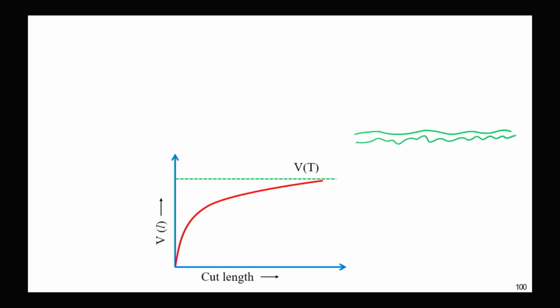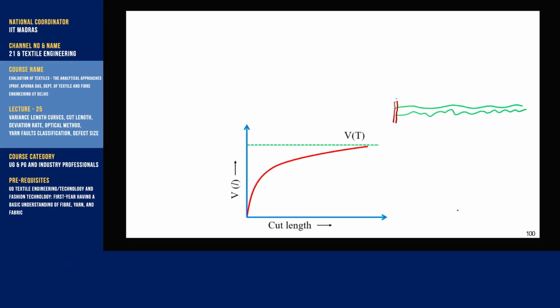This is the actual. Now if we take a very small portion of yarn, say 1 millimeter portion, and try to get the variability within 1 millimeter.